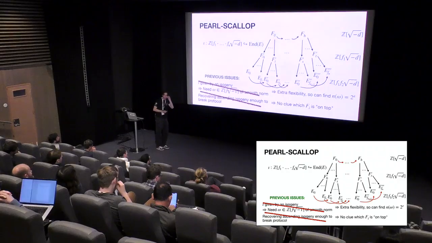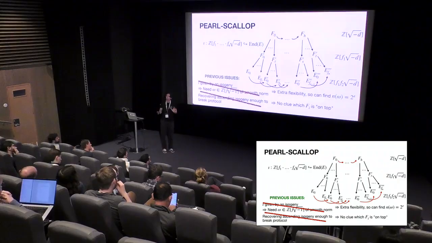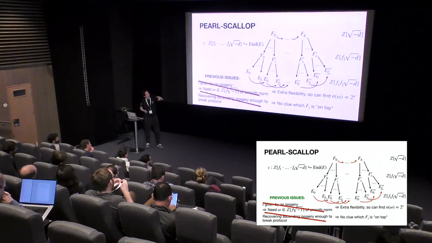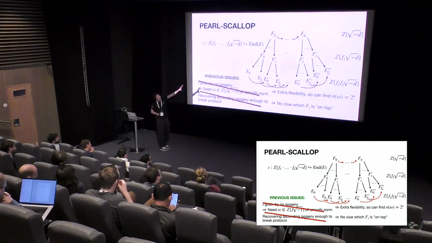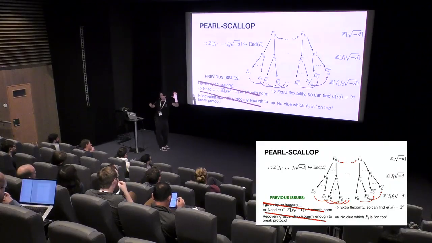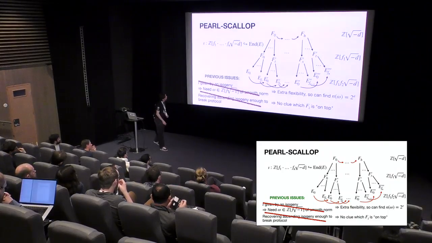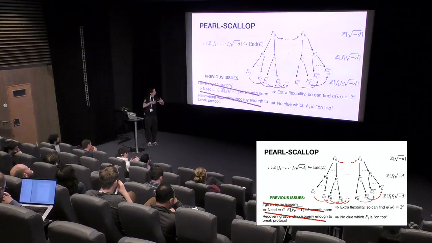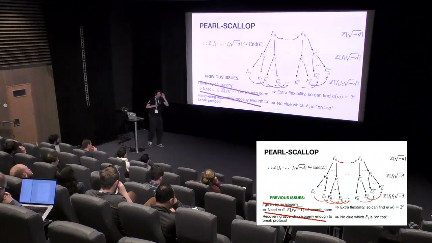We don't fix the thing on top to be square root of -1, but we allow it to be square root of minus d, where d is aptly chosen so that it's big enough that you're completely clueless what curve is on top, but also small enough that we can compute the class group. Another thing is that we move from using a large prime degree conductor to a product of large primes conductor, which also gives more flexibility.